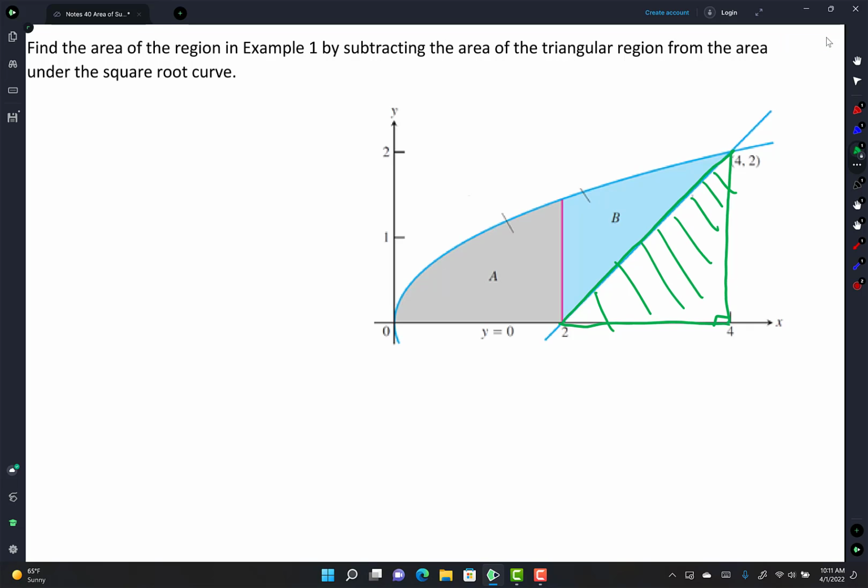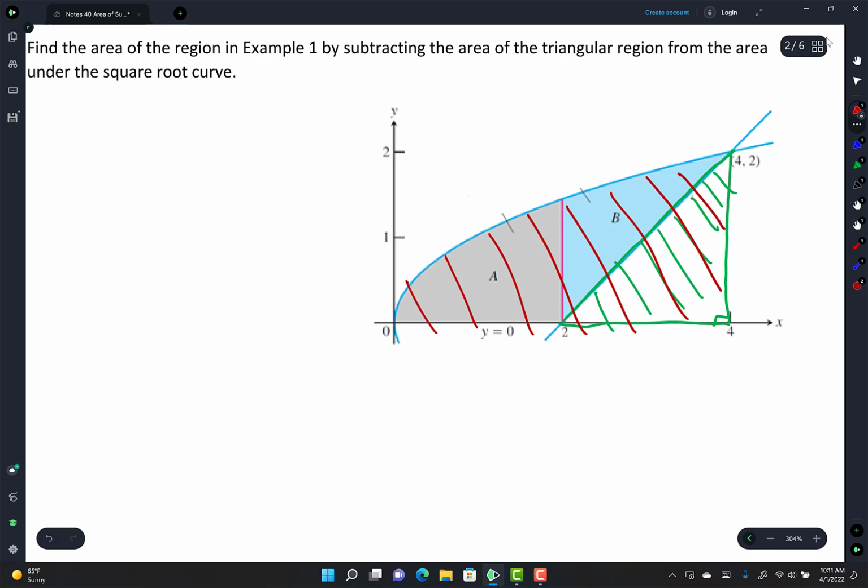Does everyone see that green triangle? If you see that, then you can just say, check this out, you can do this. I'm going to find the area under this one curve all the way, and then I'm going to subtract that green triangle. And I bet you we'll get the same answer.